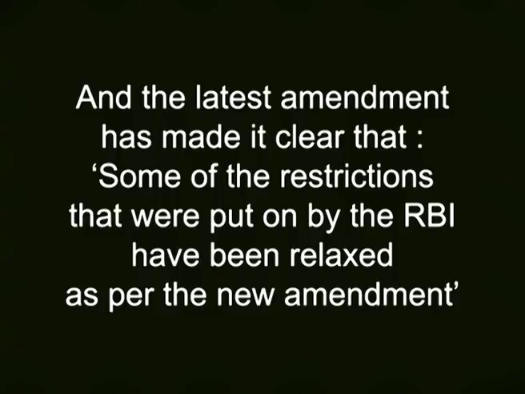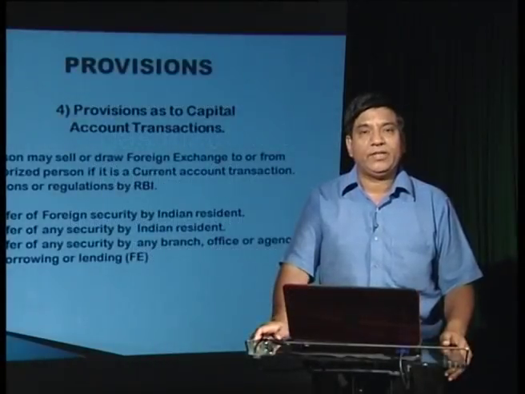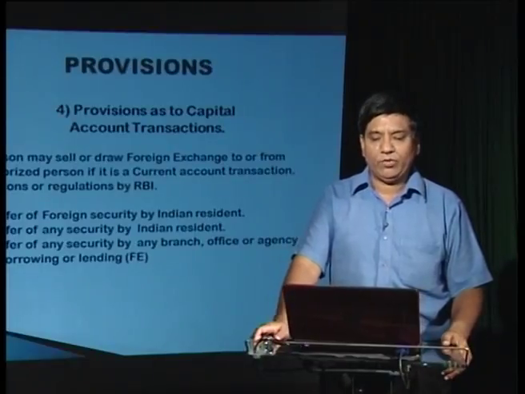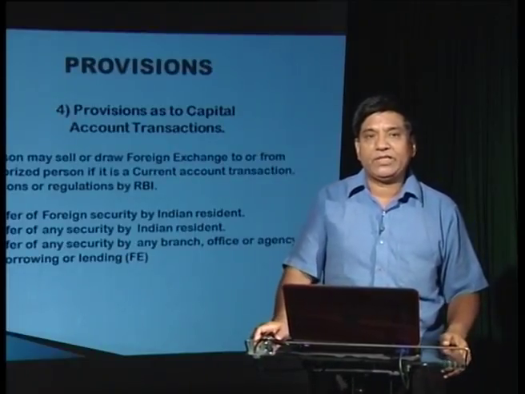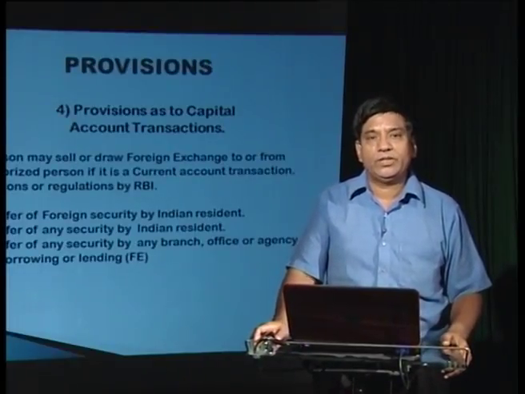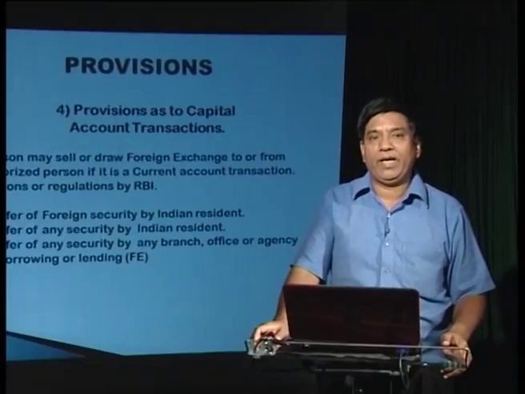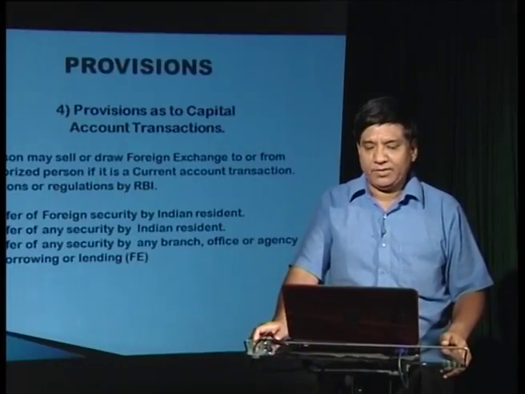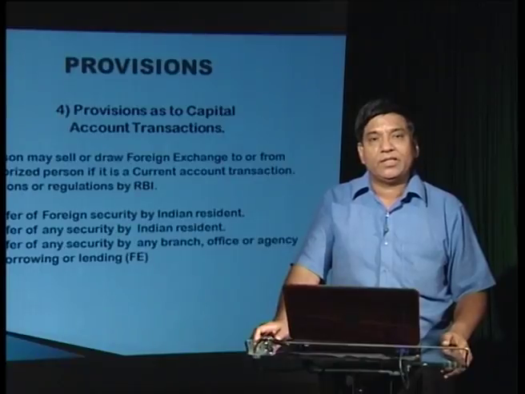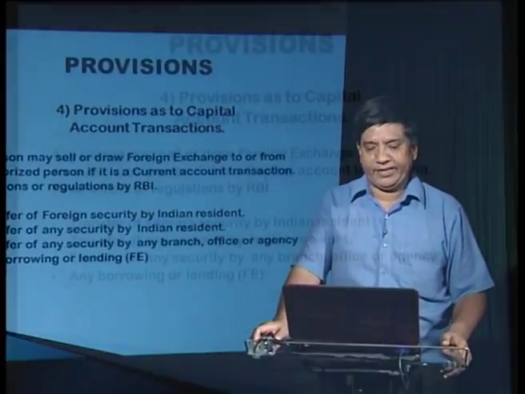Some of the restrictions are also there in the capital account transactions, which is the fourth provision of the FEMA Act 2000, and this is covering section 6 of the Act.